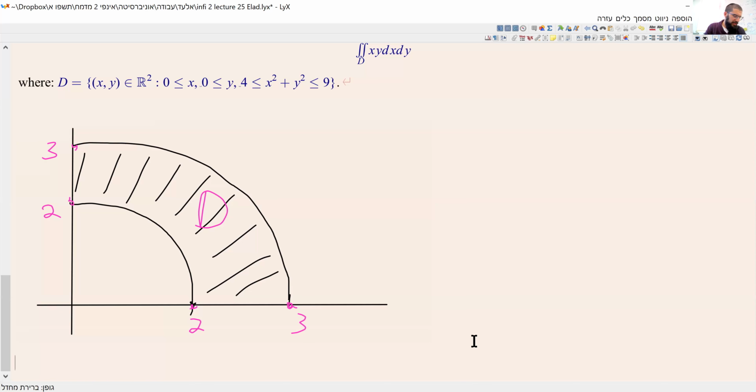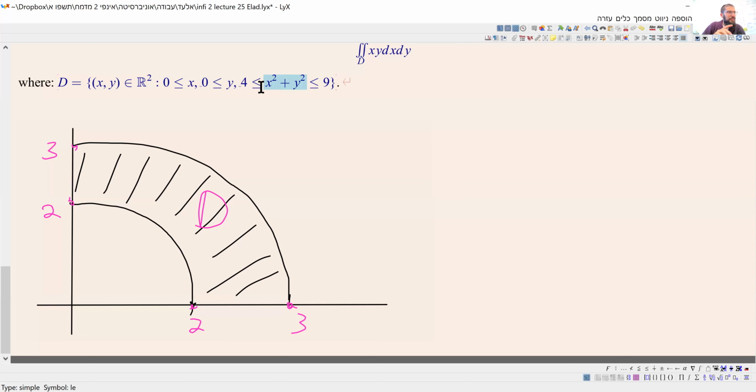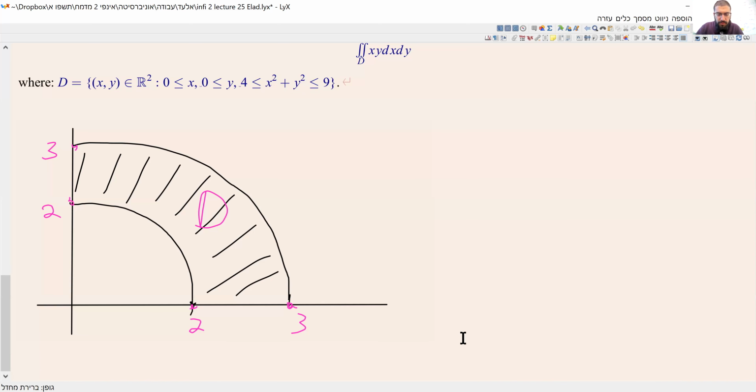Now we can see that D is a part of a disk, but without the drawing, without the paint. We should know that x squared plus y squared is describing a circle. So we need to think, okay, we should use the polar coordinates. What happens when we use them?